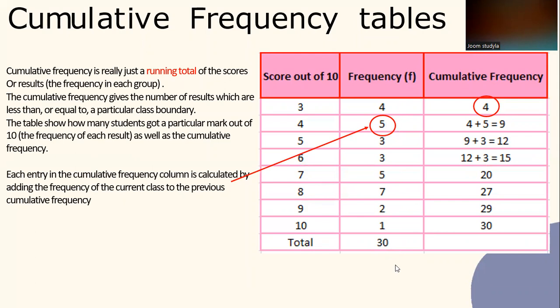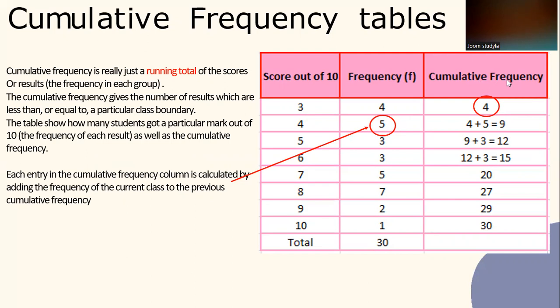If you want to find cumulative frequency, let's say the first score out of 10, which is 3, how do you get 4? Because the first cumulative frequency is based on the first frequency, 4. And for the next score, which is 4, you look at the next frequency that belongs to 4.